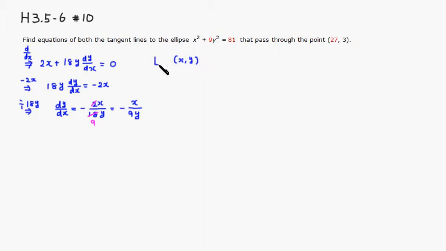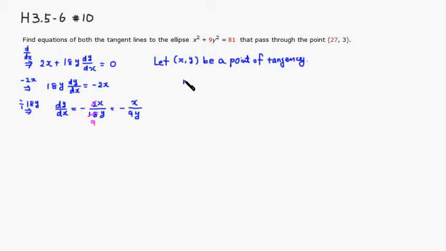Let x comma y be a point of tangency, which means it is on the ellipse and the tangent line goes through that point.